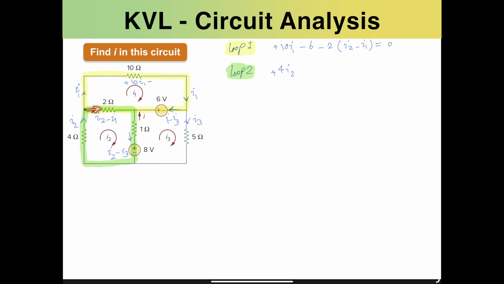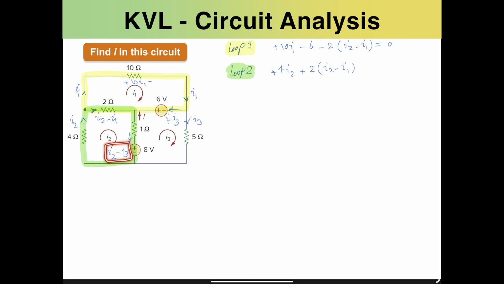Moving forward, we have this 2 ohms that is right now in the direction of the current flow as I2 minus I1. So we would have positive 2 times I2 minus I1. Now we need to flow downwards. Looking downwards, we have 1 ohm that is with respect to this I2 minus I3 current.